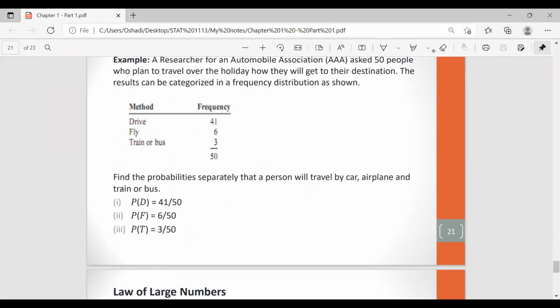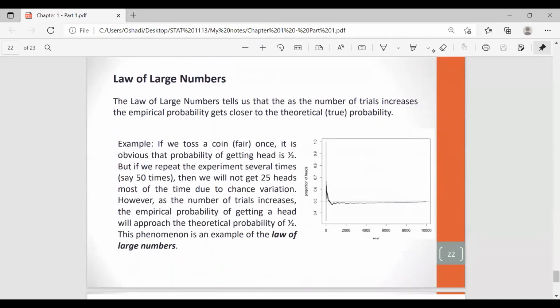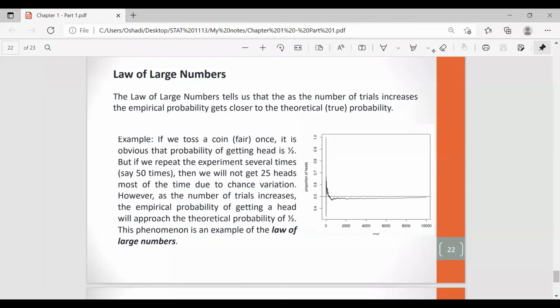When we are talking about empirical probability, it's also important to know the law of large numbers. The law of large numbers tells us that as the number of trials increases, the empirical probability gets closer to the theoretical probability.